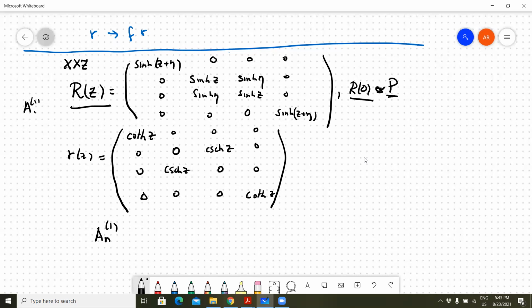If you put z to 0 here, because it's sinh, this becomes, right here, R of 0: sinh of eta, 0, 0, sinh of eta.